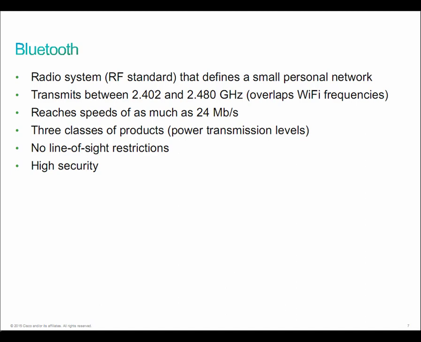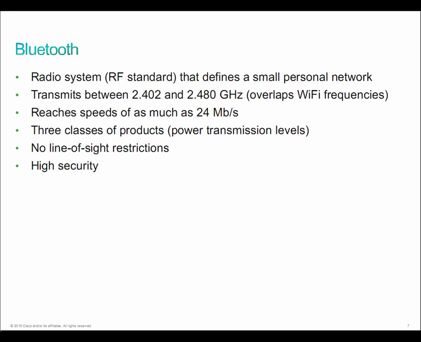Now, that doesn't mean it's the wild, wild west and you can do whatever you want in these particular ISM bands. There are regulations that you have to follow, but you don't have to have a license to operate in these frequencies.